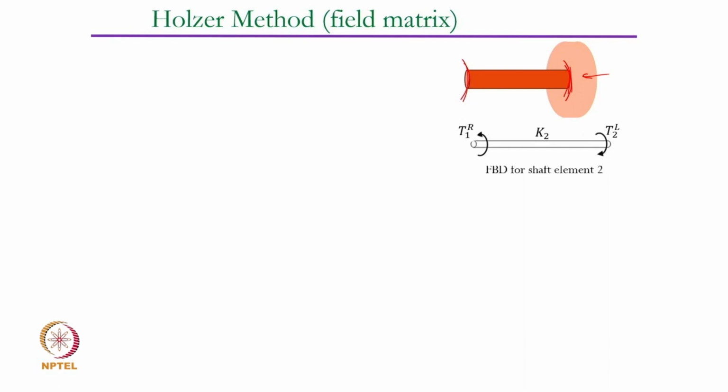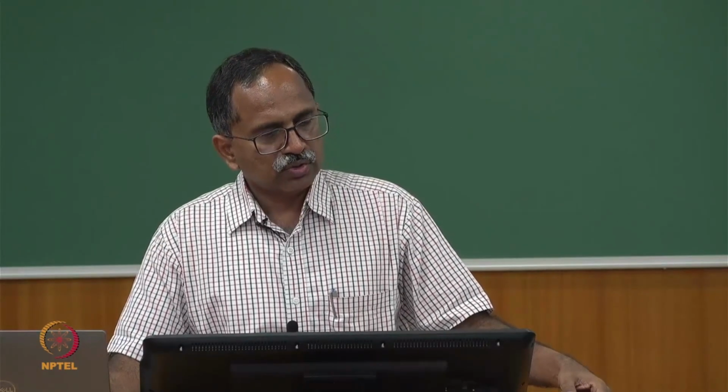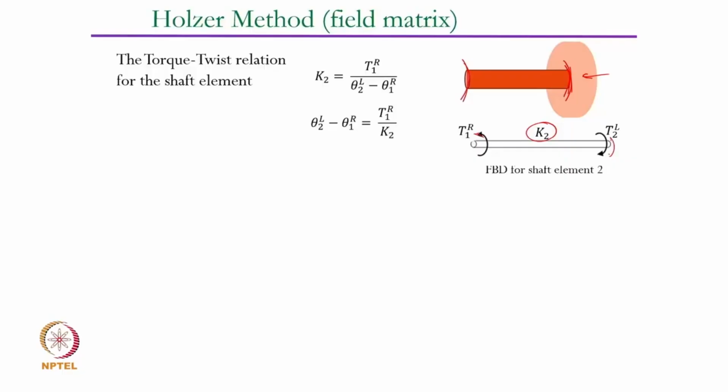So what is going to happen if the torque is applied here, and there will be a resisting torque on this side? The torsional stiffness, if it is characterized by K2, then we can write a force balance. Now this is a static force balance. So the torque twist relation, we all know that the torsional stiffness will be given by torque divided by the net twist in the shaft.